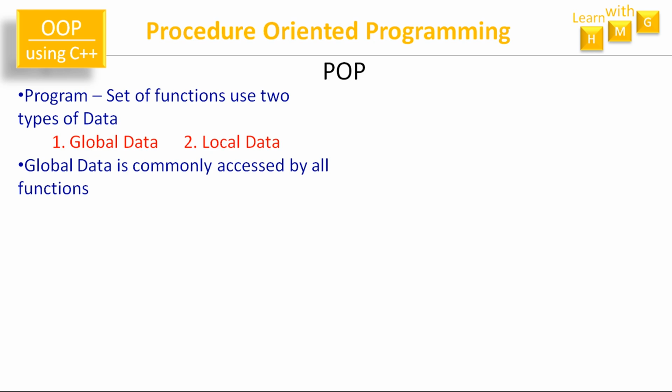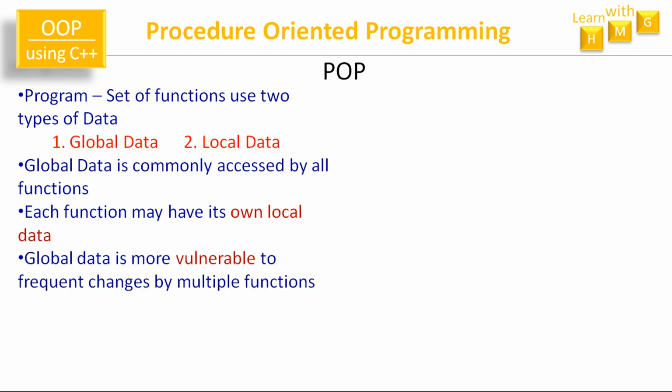So this is common data for all the functions, and all functions will commonly access this type of data, that is global data. Each function may have its own local data also. So apart from global data, the function may perform the task based on its own data. That data is called local data, which is local to that function only.